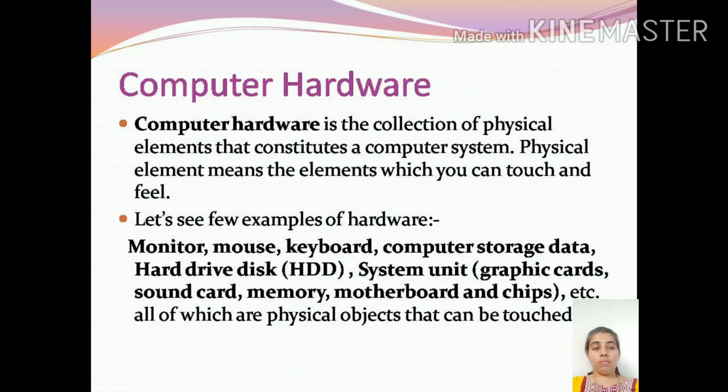For example, monitor, mouse, keyboard, computer storage, hard disk drive (HDD), system unit, graphics card, sound card, memory card, motherboard and chips, etc. All of which are physical objects that can be touched. So the given examples are the devices which you can touch.